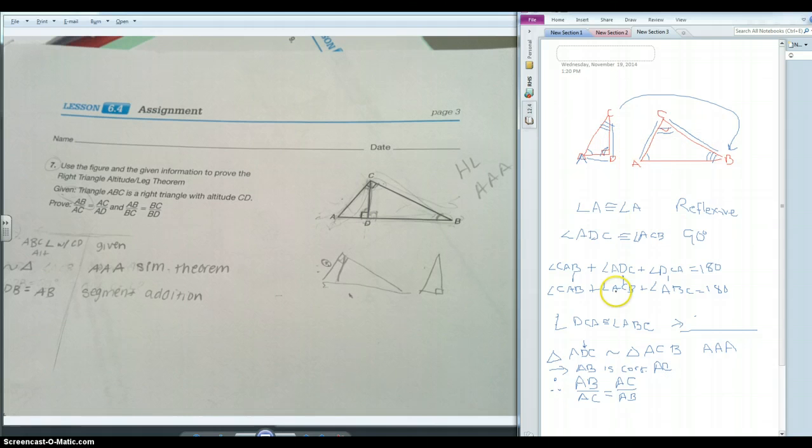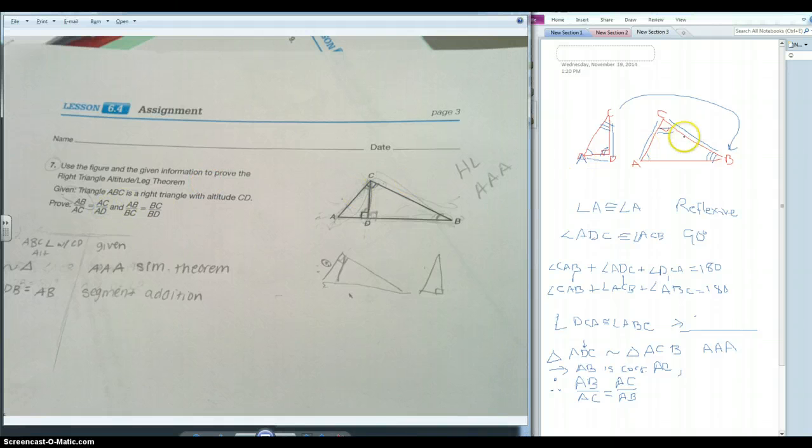And you could also put in the same one that the shorter leg, AC, and then AD. Oh, there is a third triangle. We're looking at AD.